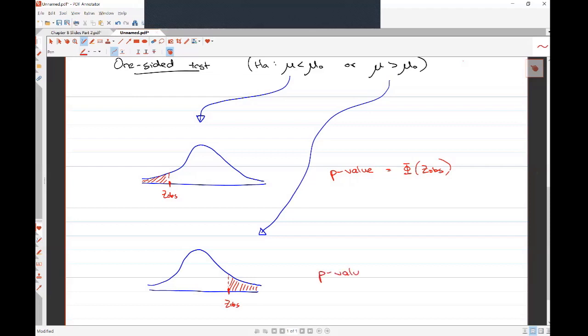We can write a formula down for this as well, but in this instance, our p-value is going to be 1 minus the normal CDF at z observed. So as long as you are able to clearly write down your alternative hypothesis, you know whether it's one or two-sided, you have a formula that you can use to calculate your p-value.